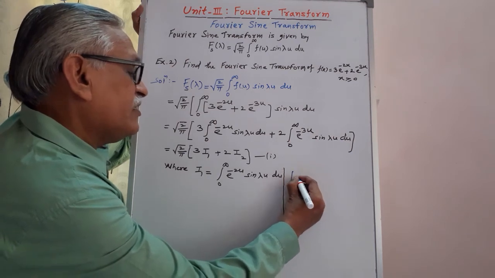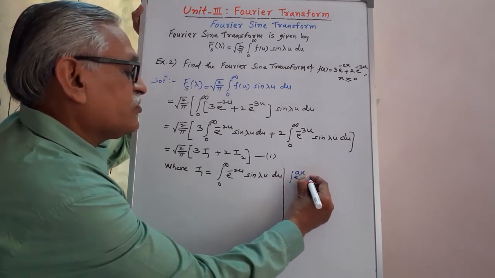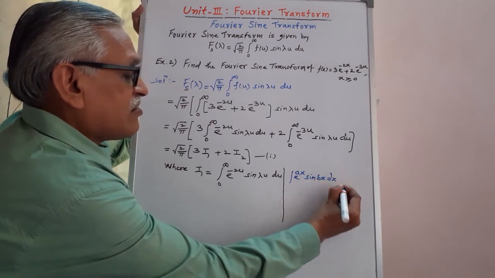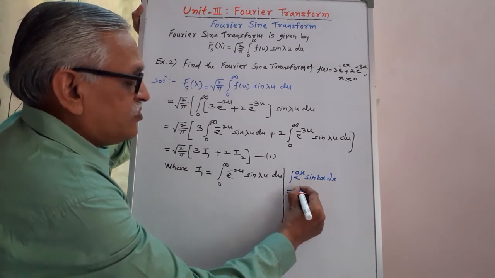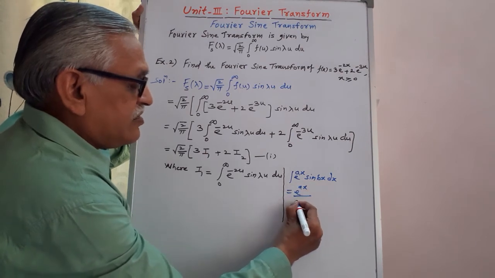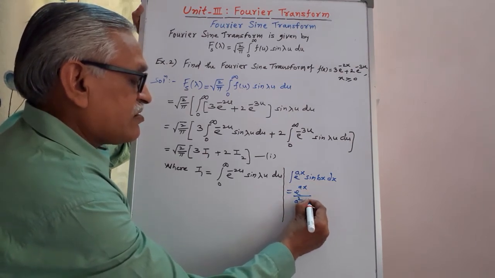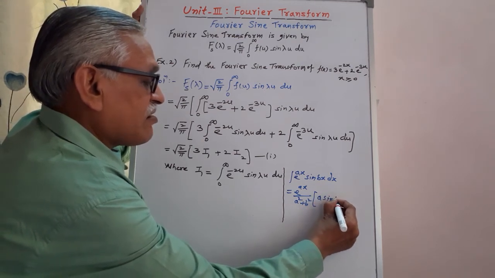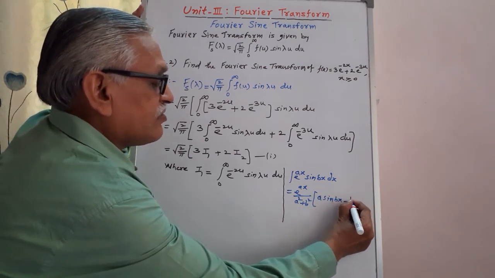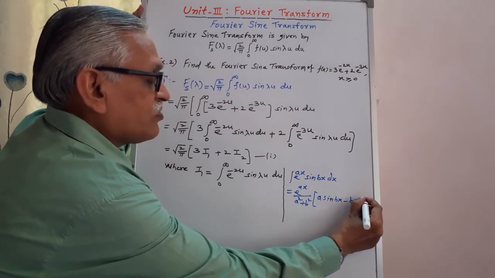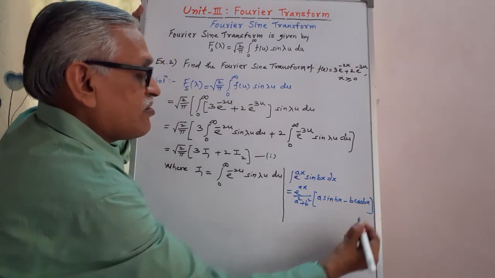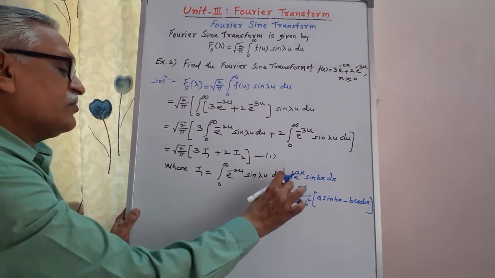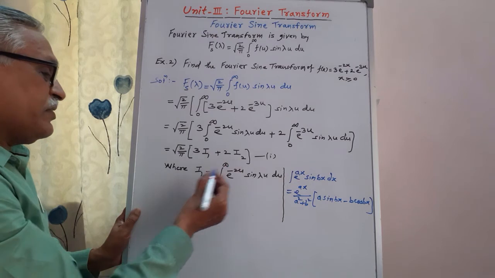We know that the integration of e raised to ax sine of bx is e raised to ax divided by a square plus b square, into a sin bx minus b cos of bx.